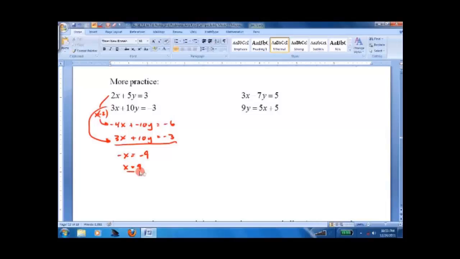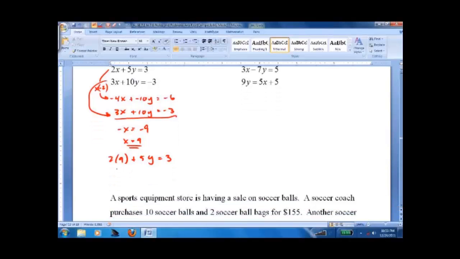X equals 9. 2 times 9 plus 5y equals 3. Minus 18 from this side, minus 18 from this side. 5y equals negative 15. Y equals negative 3.